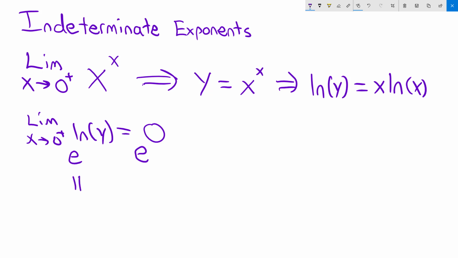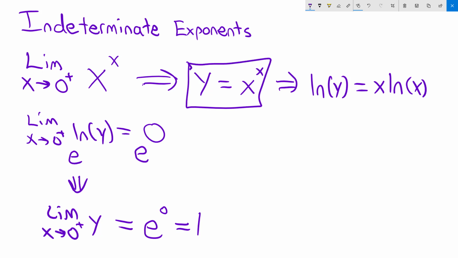And so what the left-hand side simplifies to is exactly that same limit, x approaching 0 from the right of y, and the right side is e to the 0, which turns into the value 1. But remember that y was exactly the stand-in for our original expression, x raised to the x.